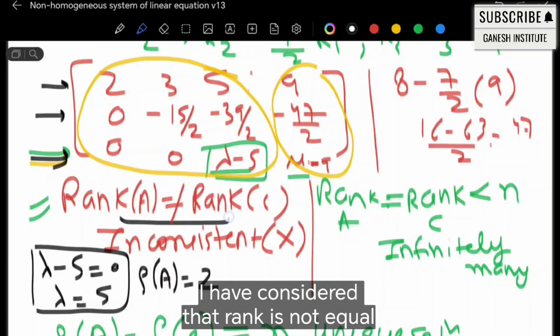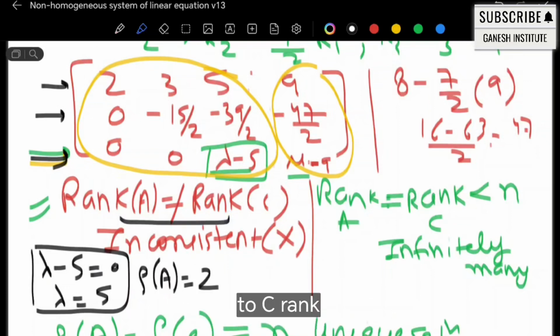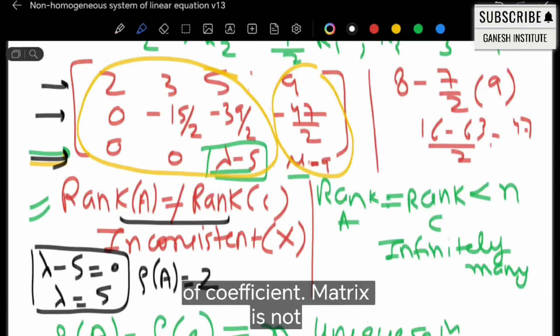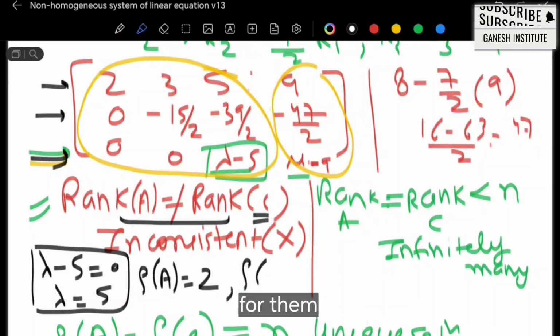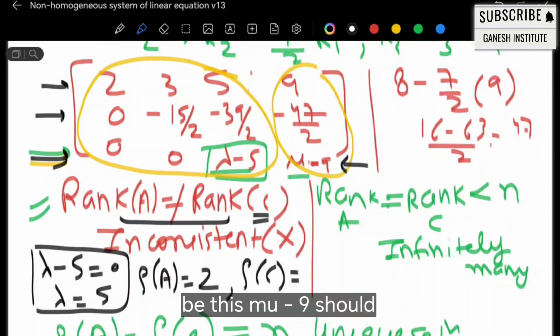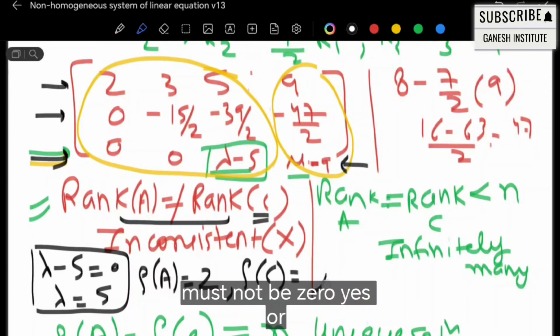I have considered that rank is not equal to C. Rank of coefficient matrix is not equal to rank of augmented matrix. Okay. So that means for them to not be equal, this mu minus 9 must not be 0. Yes or no?